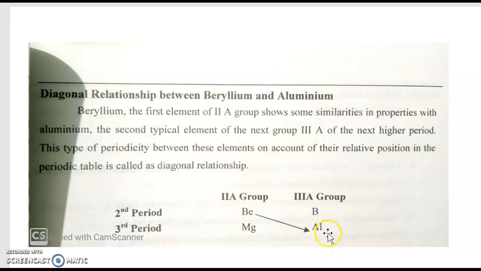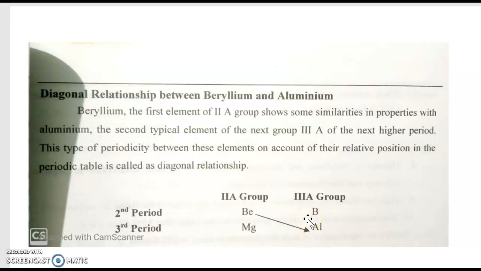1.67 volt. The next property is that both beryllium and aluminum form many stable complexes with ligands. Beryllium oxide and aluminum oxide are amphoteric. They dissolve in acid as well as alkali.